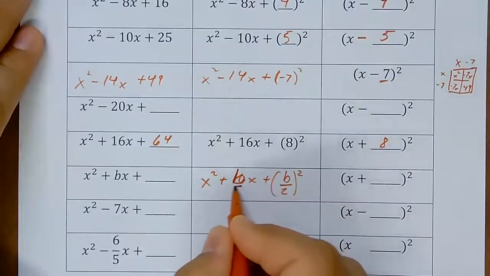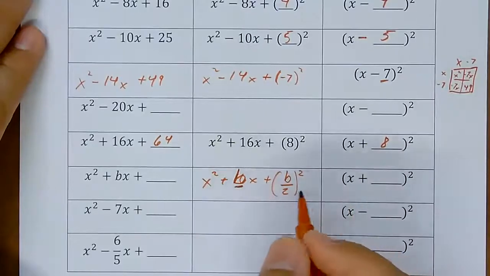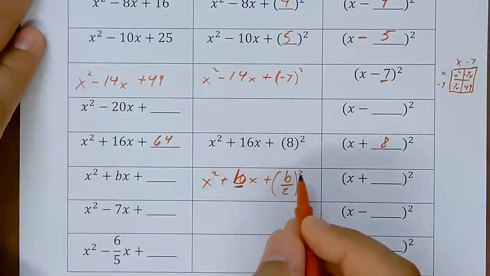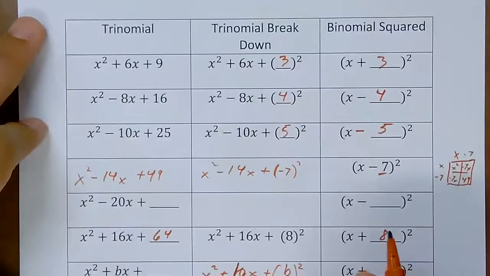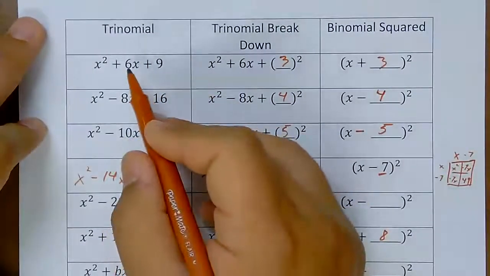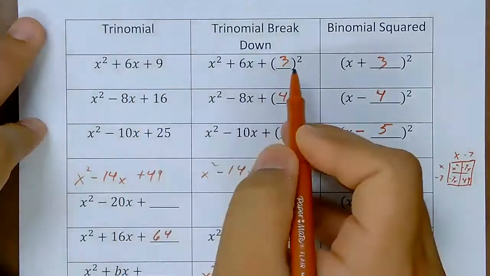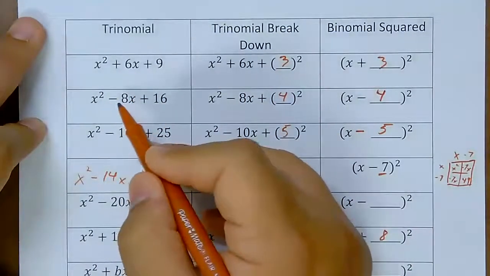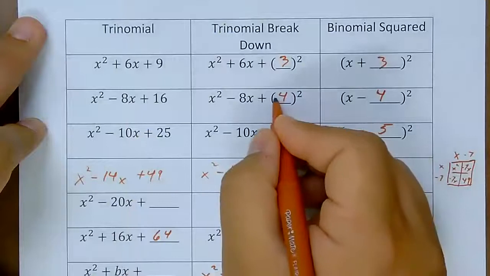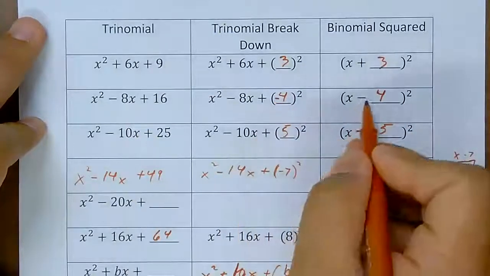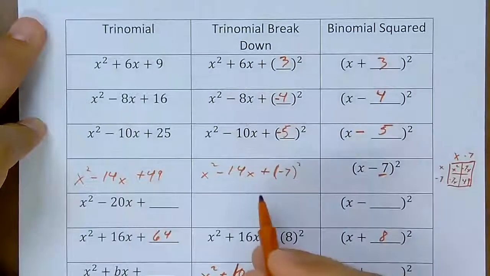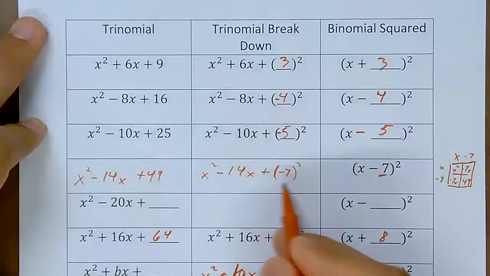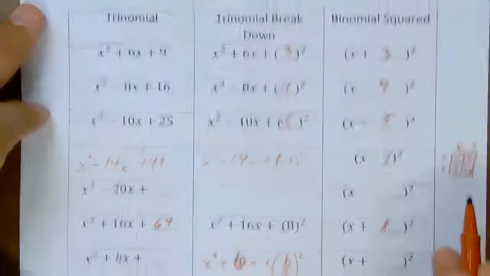So whatever our middle coefficient is, we're going to take half of that and square it. If we look back to all these examples, half of 6 is 3. Half of -8, we should actually make this -4, so that matches up here. Half of -10 is actually -5. And now you see why I have -7 in this example here.